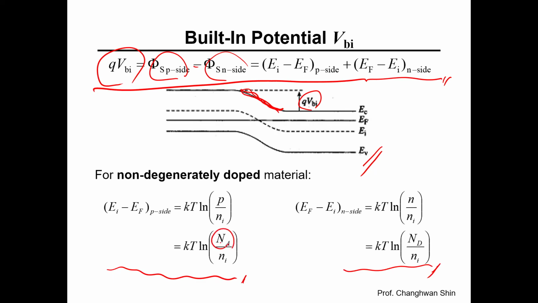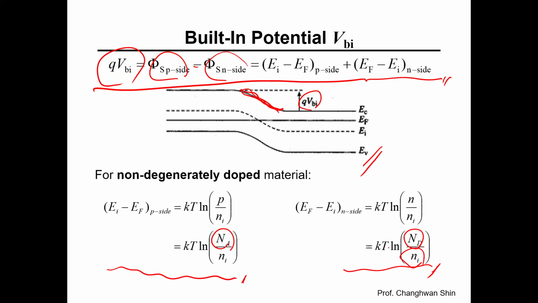Here, N sub A indicates the acceptor concentration on the P side, N sub D indicates the donor concentration on the N side, and n sub i is the intrinsic carrier concentration of the semiconductor. For instance, n sub i for silicon is 10 to the 10 per cubic centimeter.